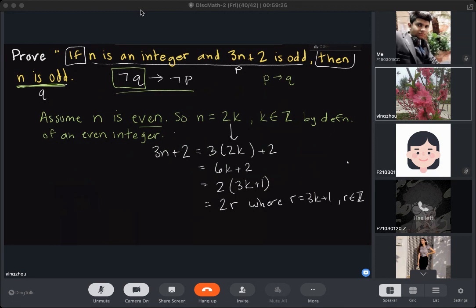So what have I just shown? I have shown that not Q implies not P, because P says 3n plus 2 is odd, and I have just shown here that 3n plus 2 is in fact even by definition of an even number. So I'm going to say, therefore, 3n plus 2 is even.